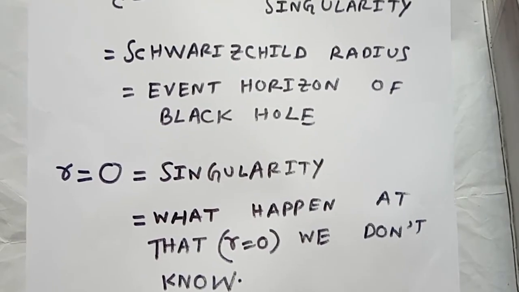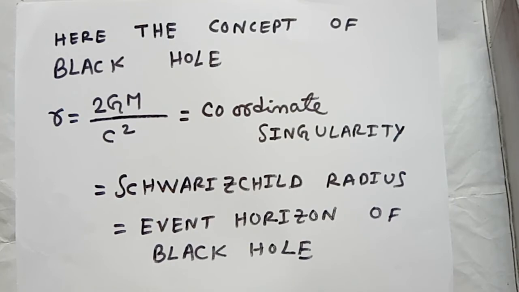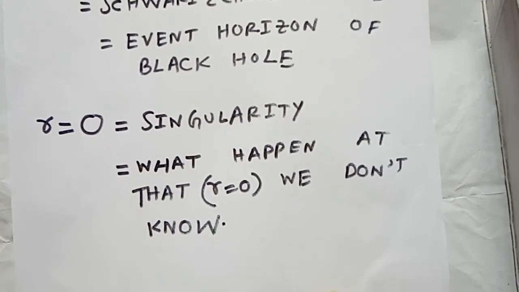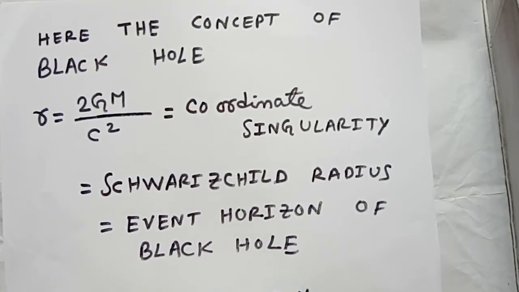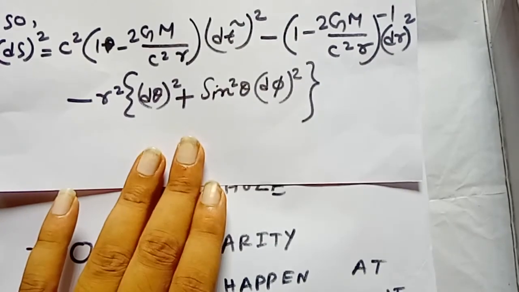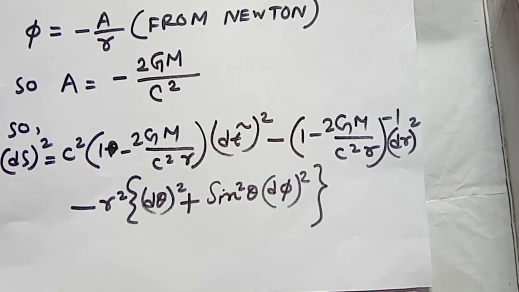This is the concept of the black hole, and this is the Schwarzschild solution of the Einstein field equation, and I think that helps.